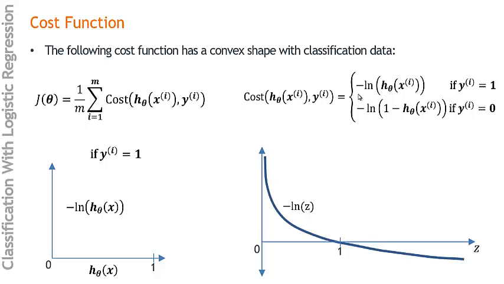So you can see this function, negative logarithm between 0 and 1, is 0 at 1 and increases towards infinity as it approaches 0. So this is what we want. Small penalty if your h is close to 1. Large penalty if it's far from 1.